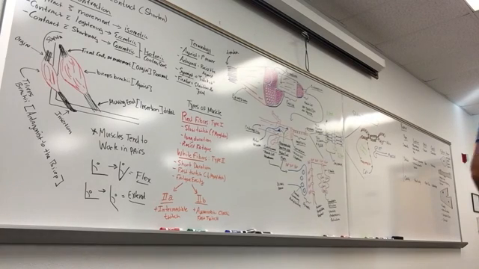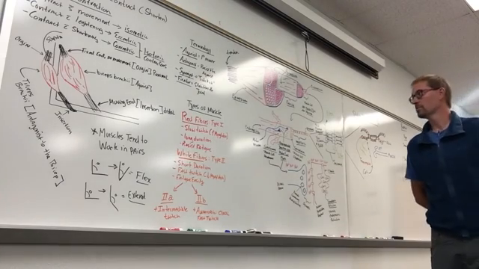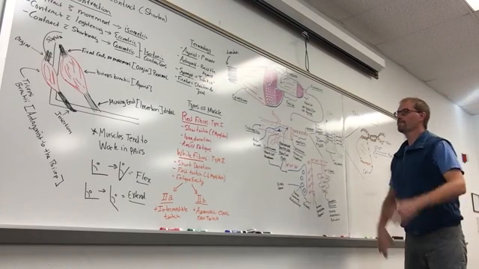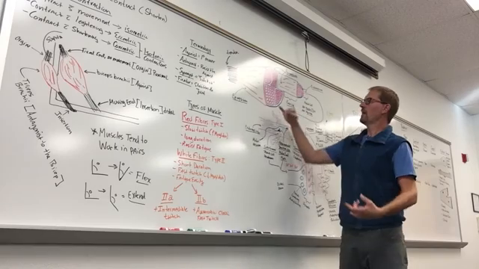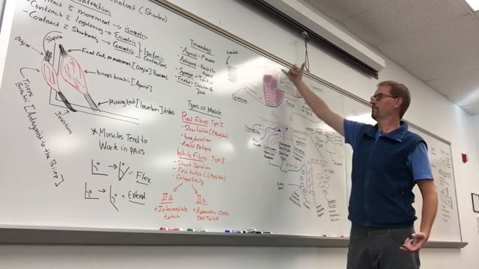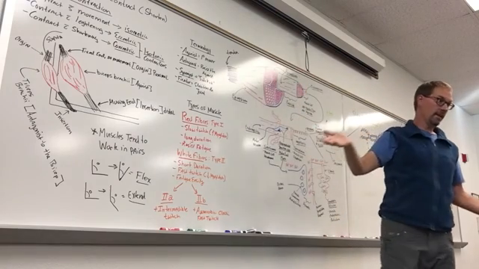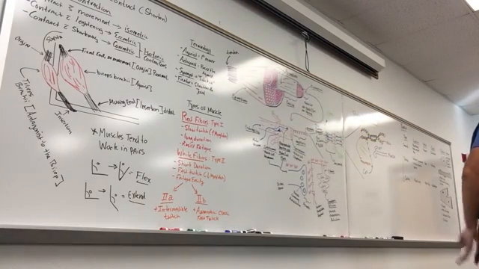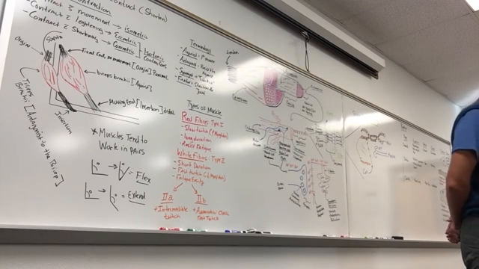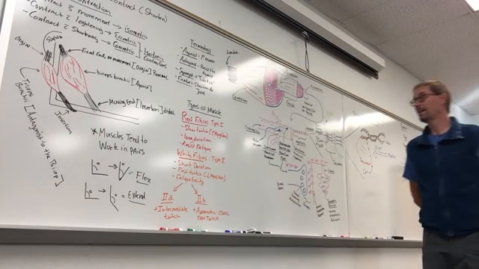Does that make sense? And the tubes get smaller and smaller. The first thing we notice is that the outermost part of the muscle, like any organ, is going to be surrounded by a membrane. Every organ in your body is surrounded by a membrane. Muscle is no different.